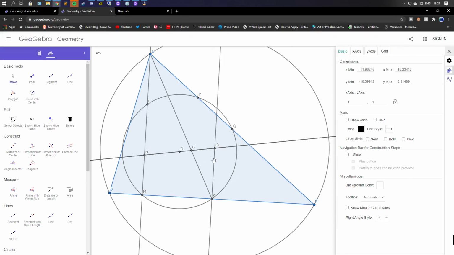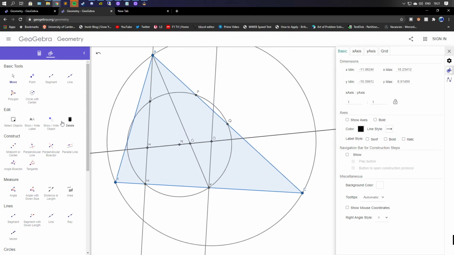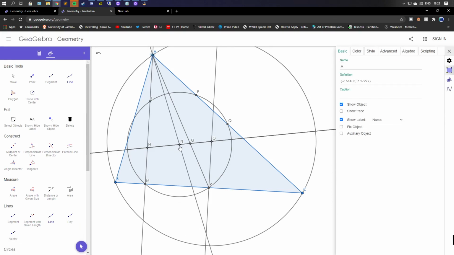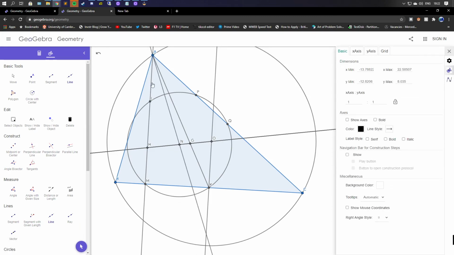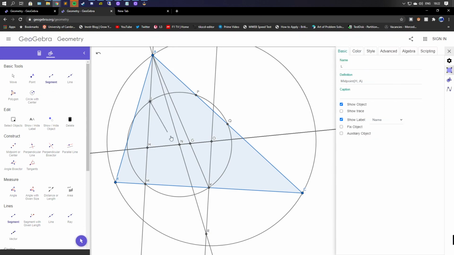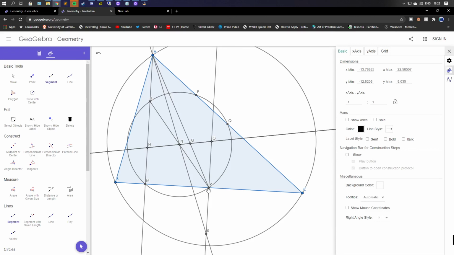And since you have HNO as a straight line, we can do other things. In particular, if we draw HN over, we get that OK is equal to KR, because LNK is a straight line.